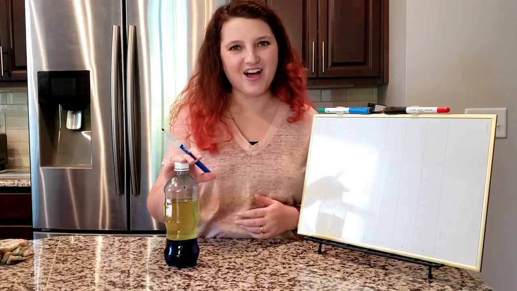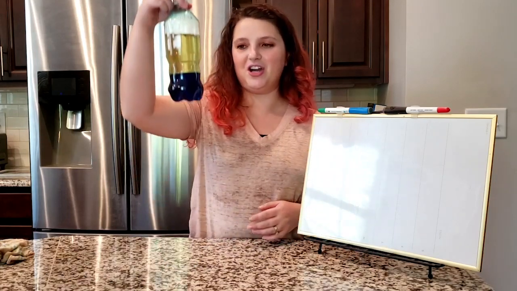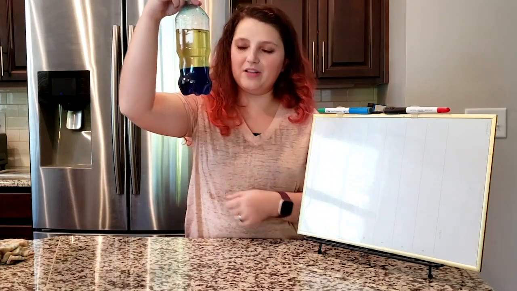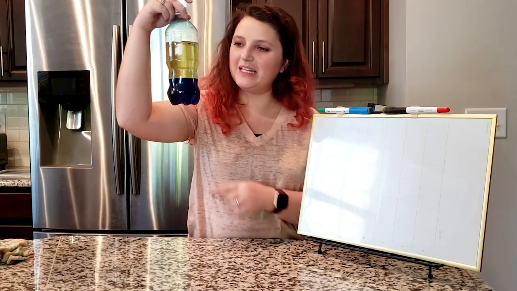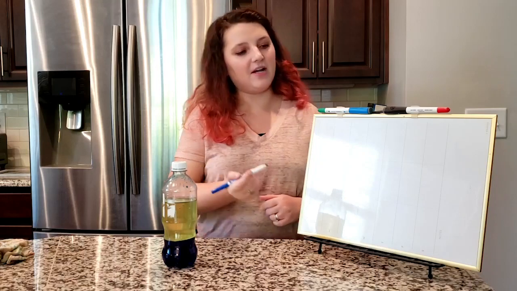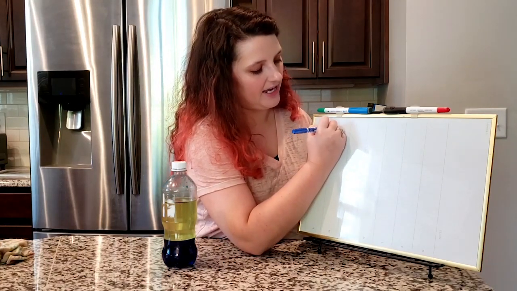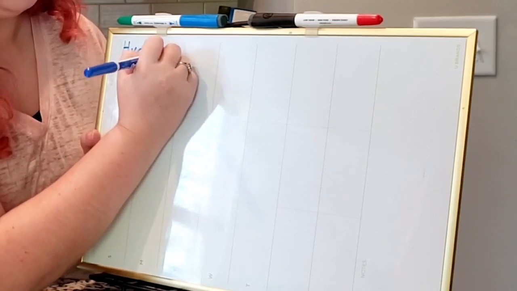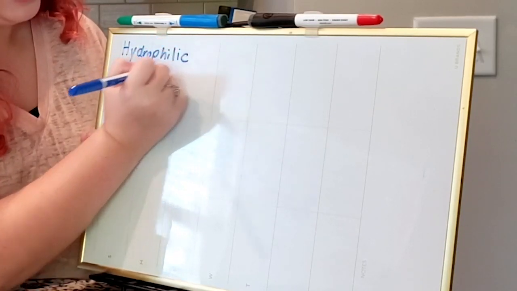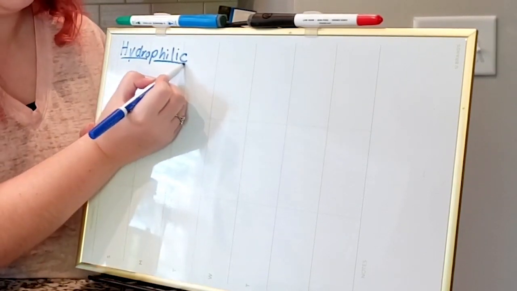So you see that I have my lava lamp here. It's done reacting, so now we're back to just our blue water and our oil on top of it. And you see that there's still this really clear separation between the oil and the water. We talked about how that is because water is hydrophilic. Hydro means water and philic means loving.